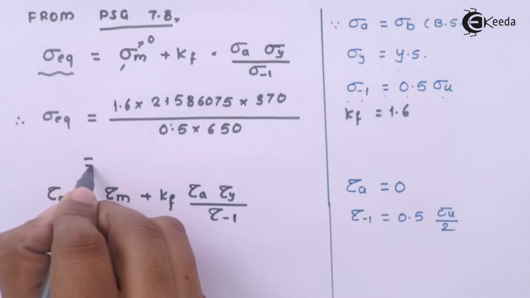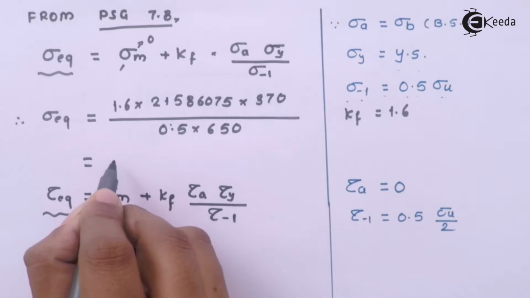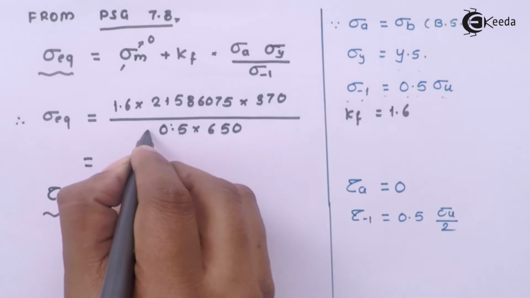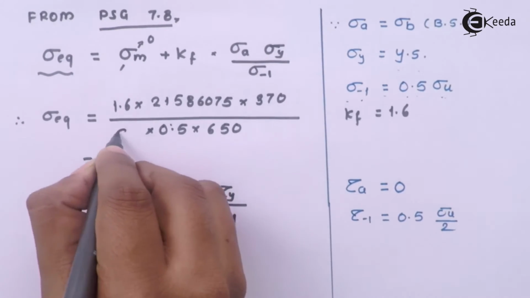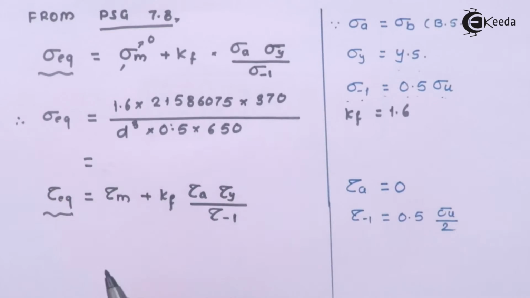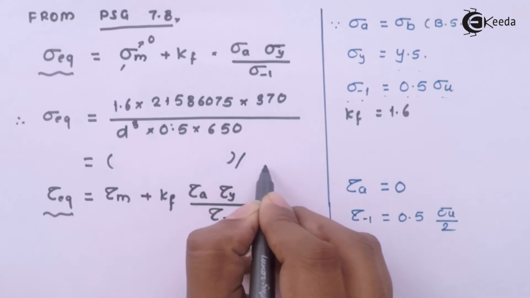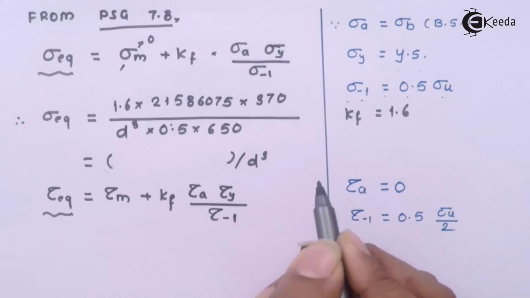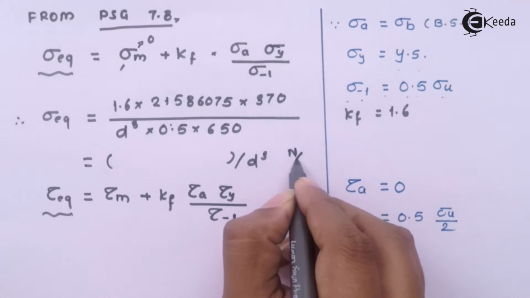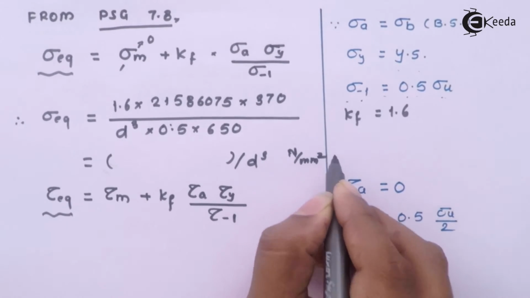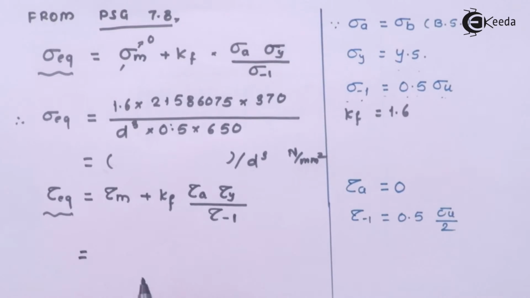Upon solving, we'll get the value in terms of some constant divided by d cube. Of course, the value remains the same, Newton per millimeter square. The same thing is done here.